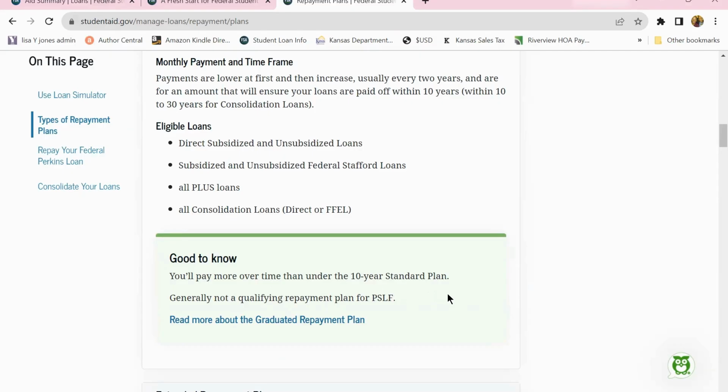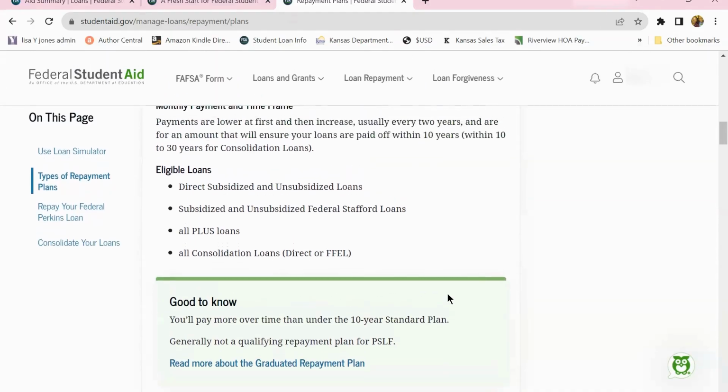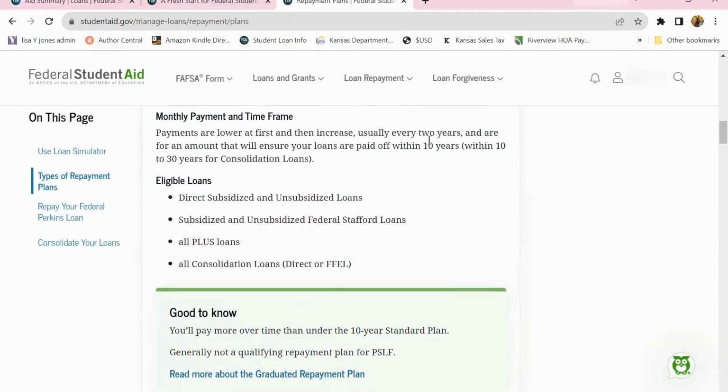Okay. The other thing to keep in mind with graduated repayment is that notice how it says that it usually increases every 2 years. It doesn't increase every 2 years. It increases every 24 months. Okay. And if you pay extra, you will eat into that 24 months. So let's say you have a $50 payment on just one loan.